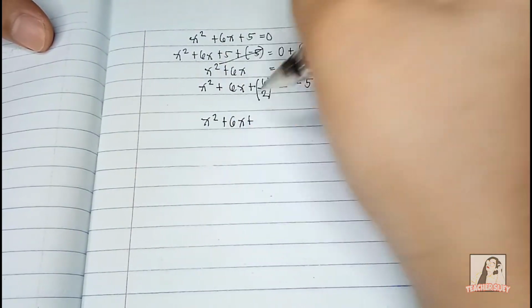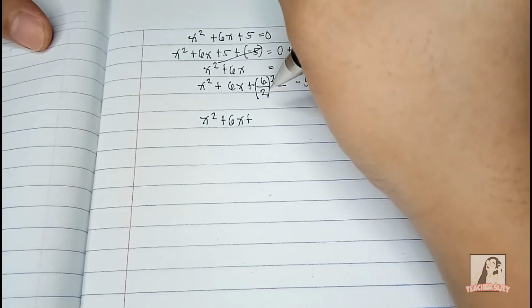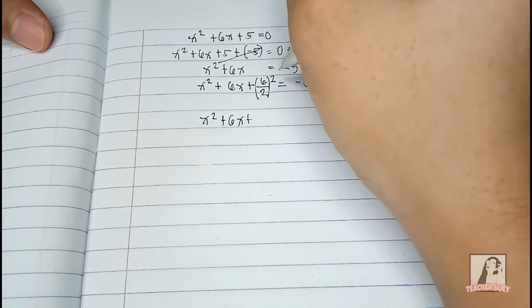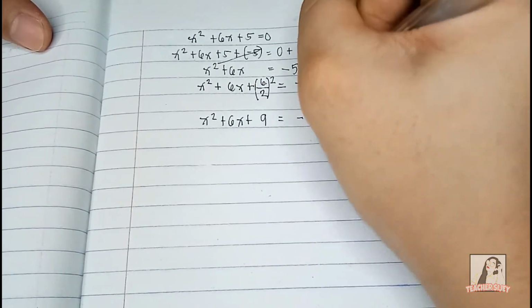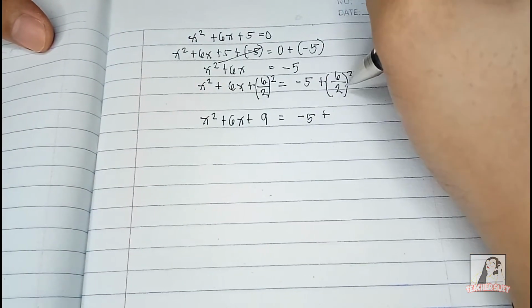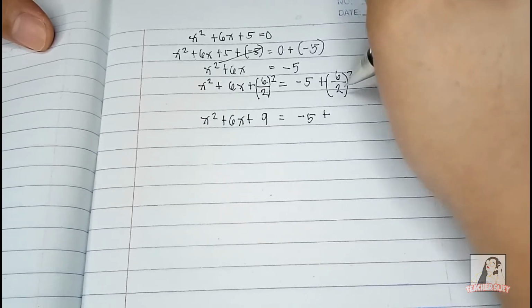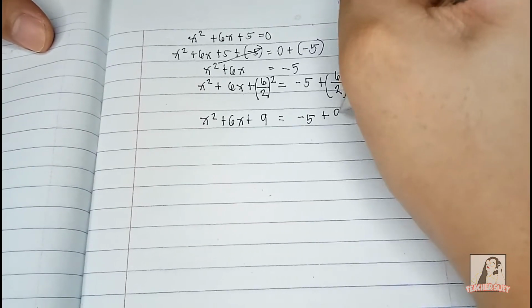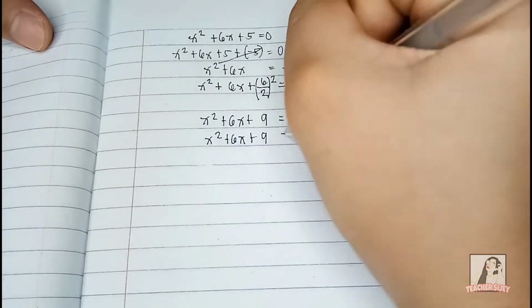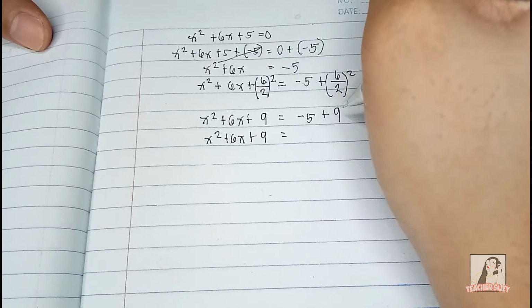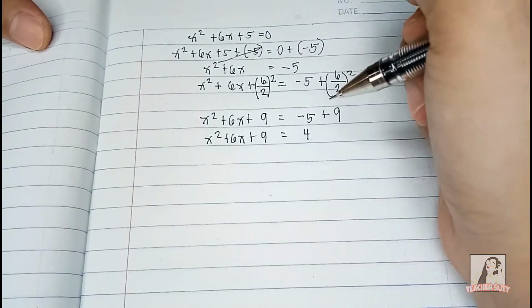We have x squared plus 6x plus 6 divided by 2 is 3, 3 raised to 2 is 9, equals -5 plus 6 divided by 2 is 3, 3 raised to 2 is 9. So now let's simplify this side. We have x squared plus 6x plus 9 equals -5 plus 9, which is positive 4.